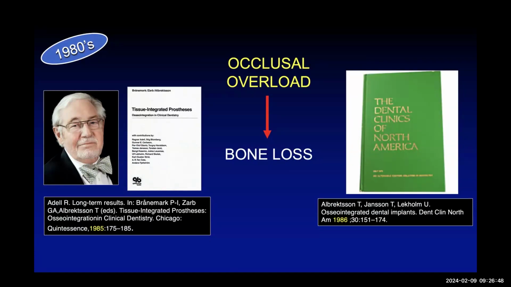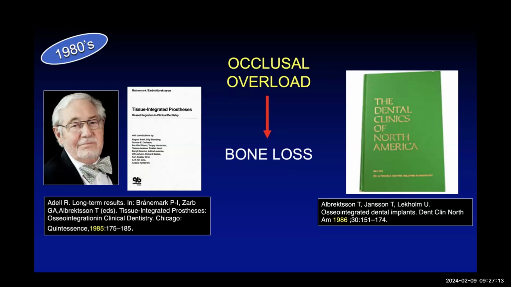So let's look at the beginnings of implants. Dr. Brånemark, basically the father of implantology. If you look at his work in the 1960s, 1970s, and then when he started documenting all this and publishing it in the 1980s, what was his final thought on occlusion?